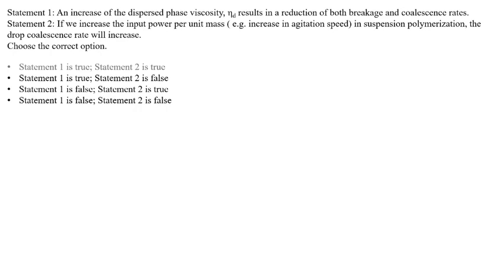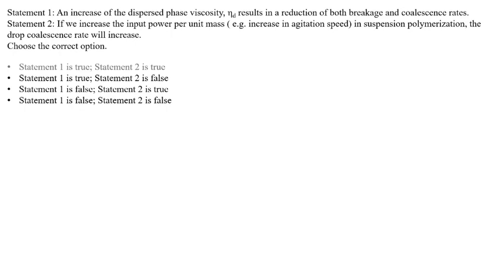So whenever the dispersed phase viscosity increases, both breakage and coalescence rates will reduce. Why? Because the dispersed phase viscosity is very high, the movement of the droplets will be hindered. So the movement of the droplet either to coalesce or to break will reduce. So statement one is true.